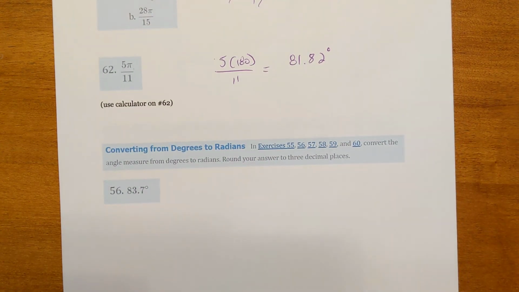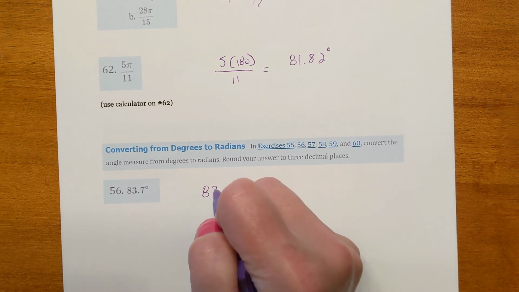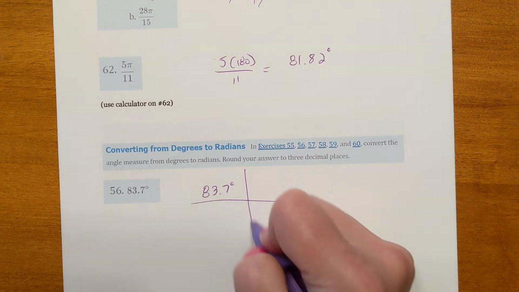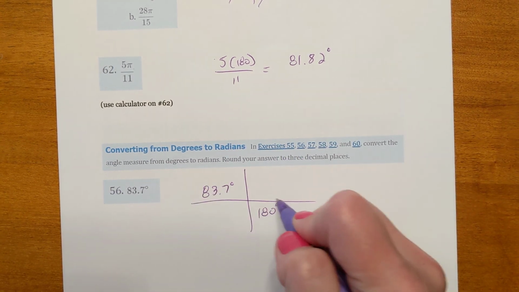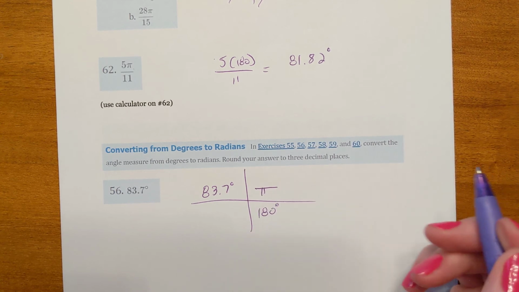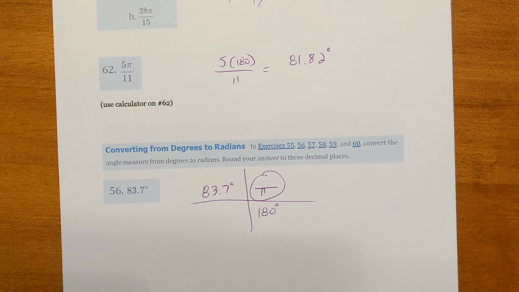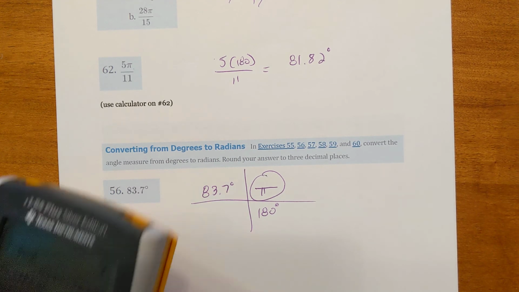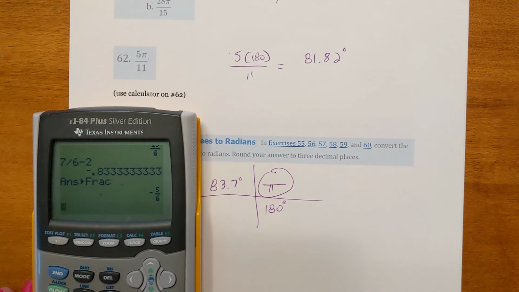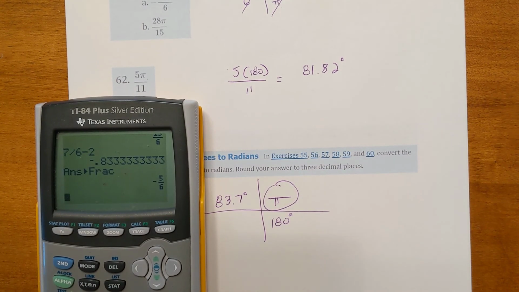Okay, on the next one, they want us to convert this from degrees to radians. It's the same idea. It's 83.7 degrees. Again, we don't want degrees. We want it in radians, so the pi. Again, leave pi out of it. Well, they want us to go all the way to radians. All right, we'll do it all the way to radians. So 83.7 divided by 180.